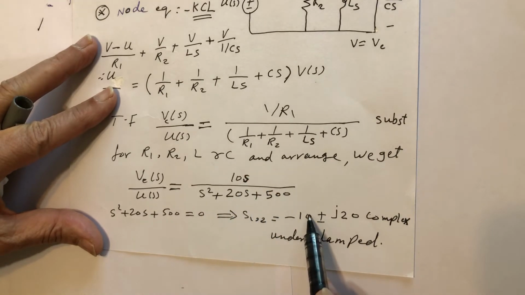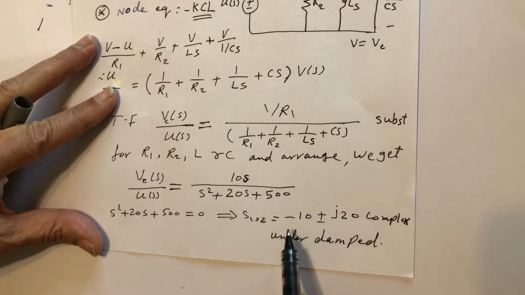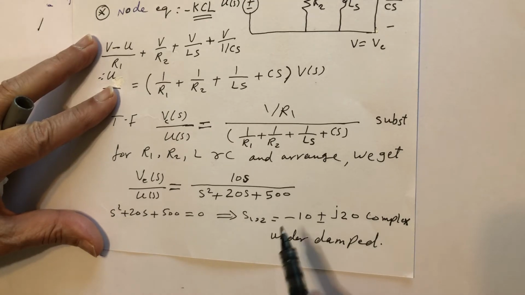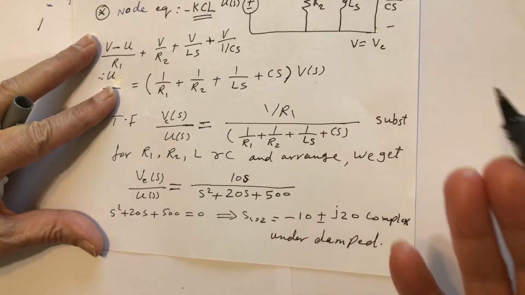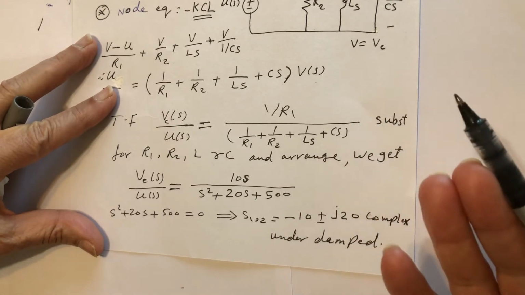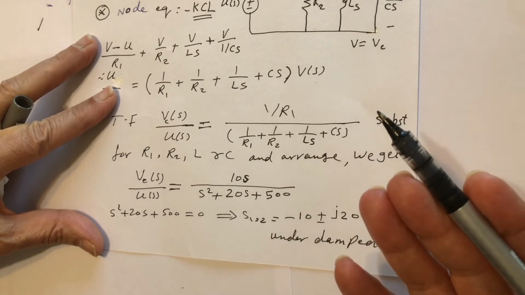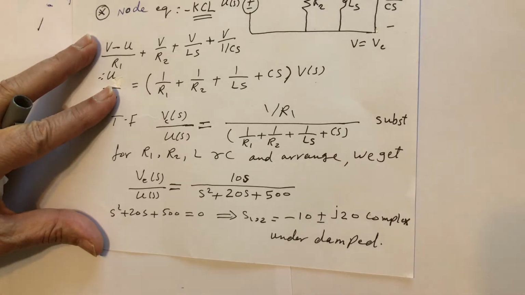From the characteristic equation, we see that the roots are minus 10 plus or minus j20, which are complex, which means that the system is underdamped. So when you look at it, it becomes easy once you know how to tackle the problem, okay?